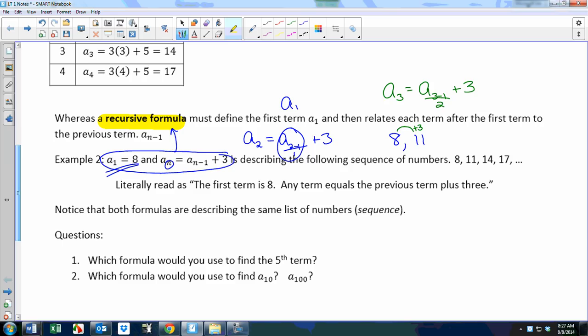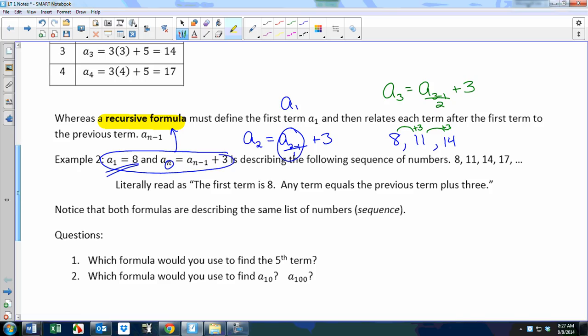Take the second term and add 3. So take that 11 and add 3, and you'll notice pretty quick we're building the same sequence, right? So you can define a list of numbers that has a pattern, either explicitly or recursive.